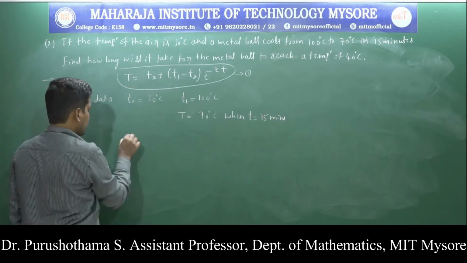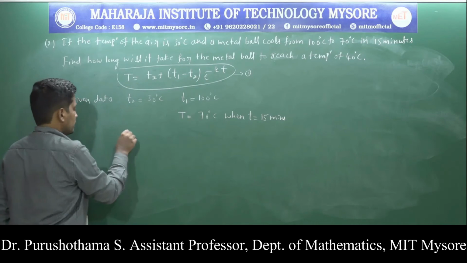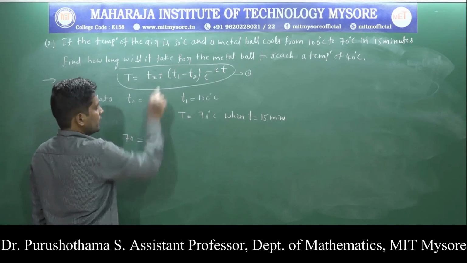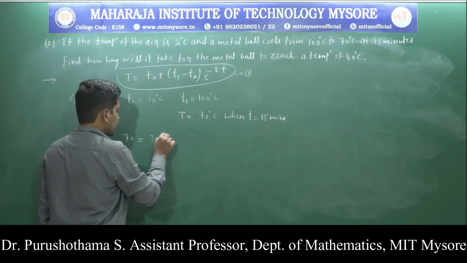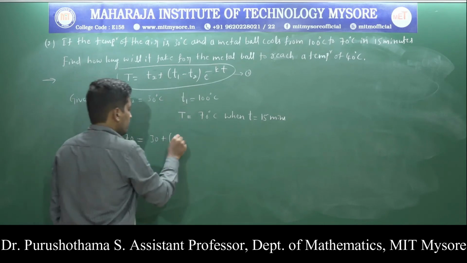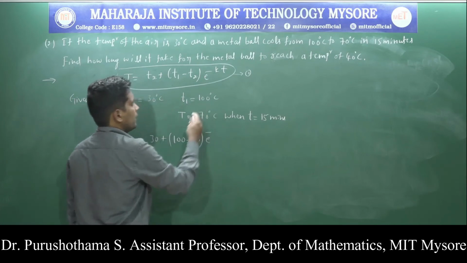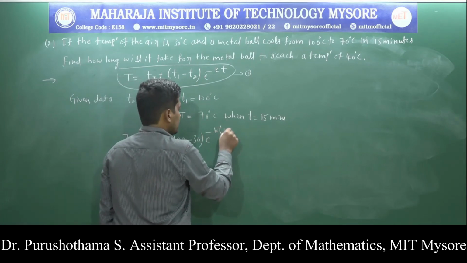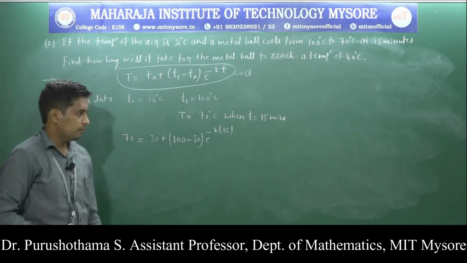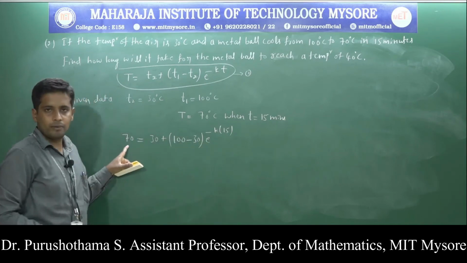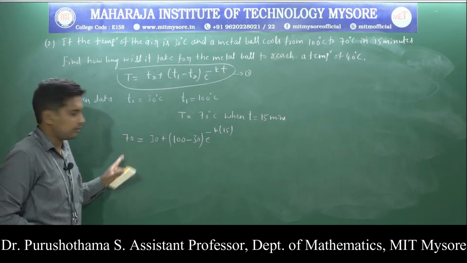Here the temperature T equals 70, T2 is 30, T1 is 100, so 70 is equal to 30 plus (100 minus 30) into e power minus K into t, where t is equal to 15 minutes. When t equals 15, the temperature of the body is 70 degrees Celsius.